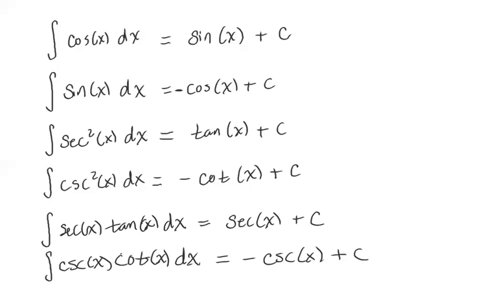Okay, so there is kind of a somewhat full list of our rules for antidifferentiation. Okay, so let's again do some problems using these rules and using the rules that we already covered.